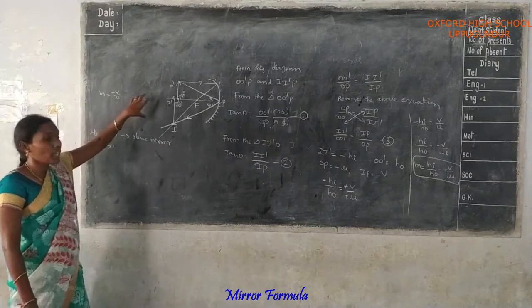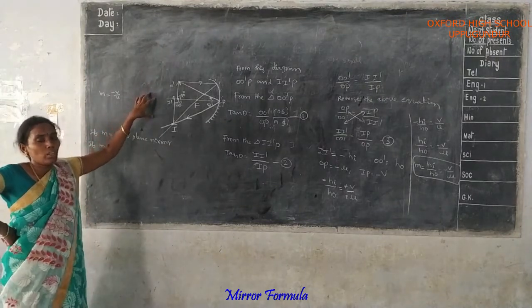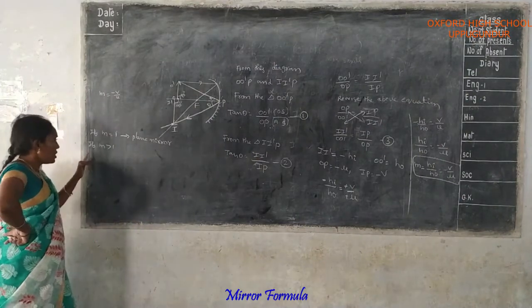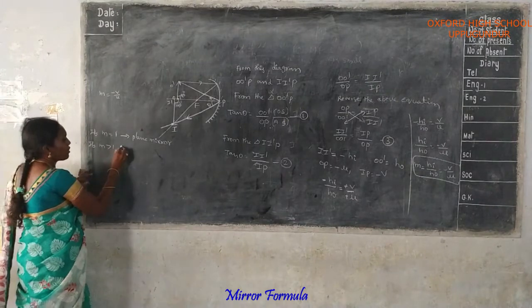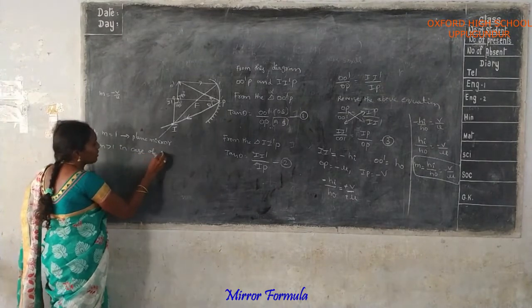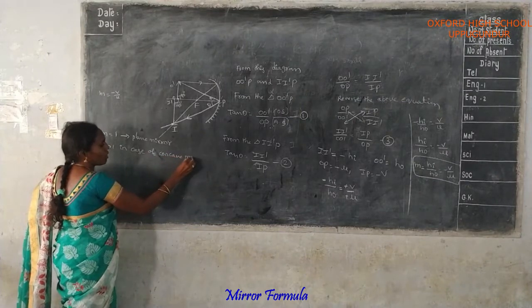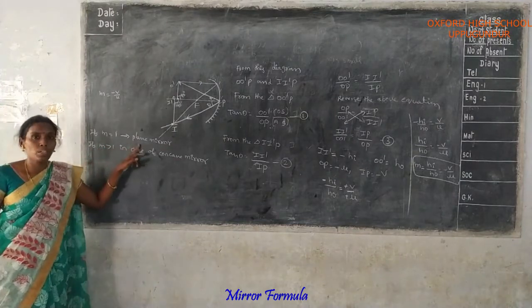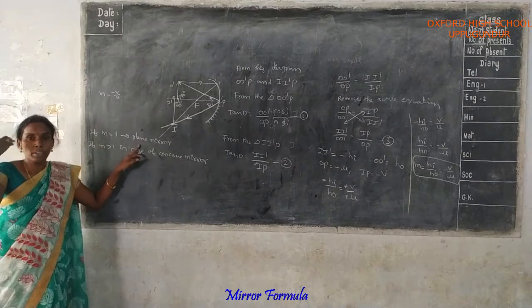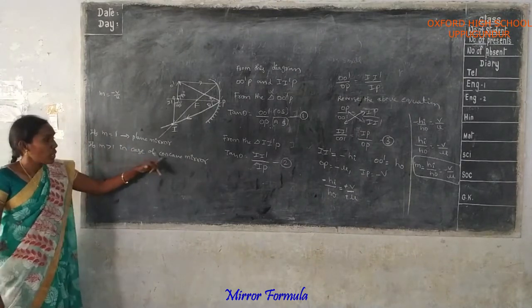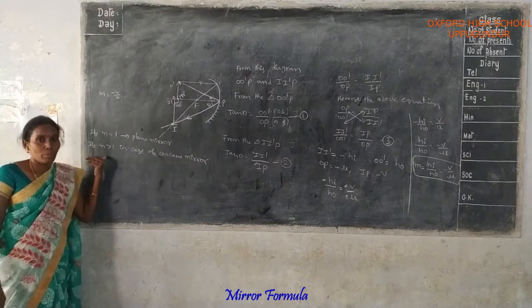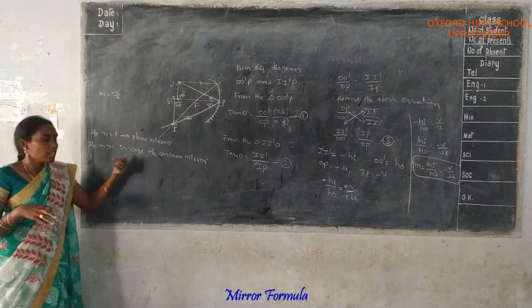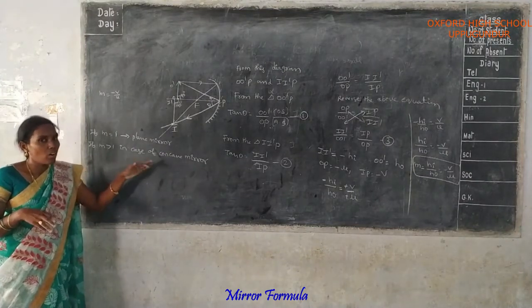In the case of a concave mirror, either a diminished image or an enlarged image is formed. If M is greater than 1, it is a concave mirror. Magnification is equal to 1 in the case of a plane mirror. In the case of a concave mirror, the magnification is greater than 1 or less than 1.